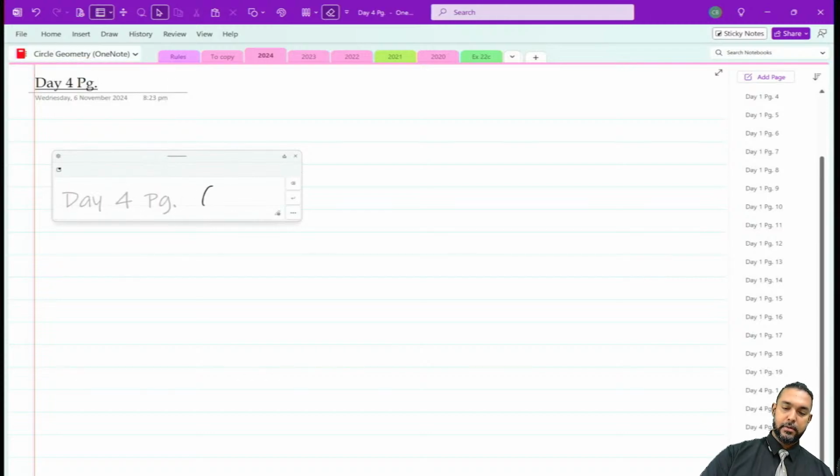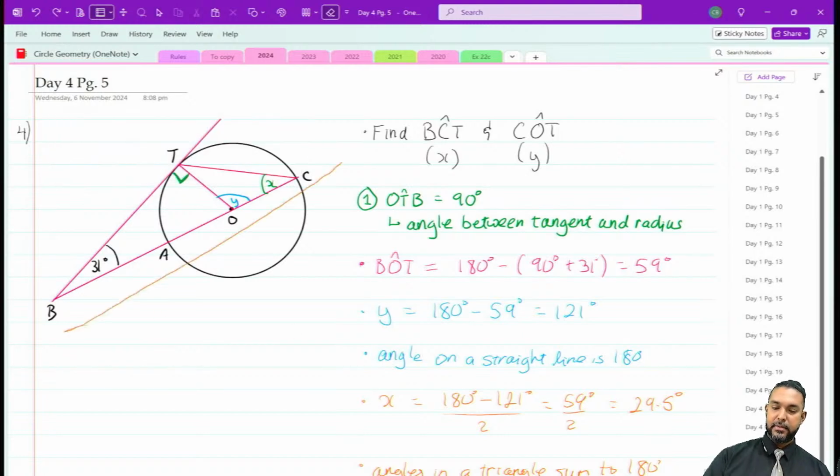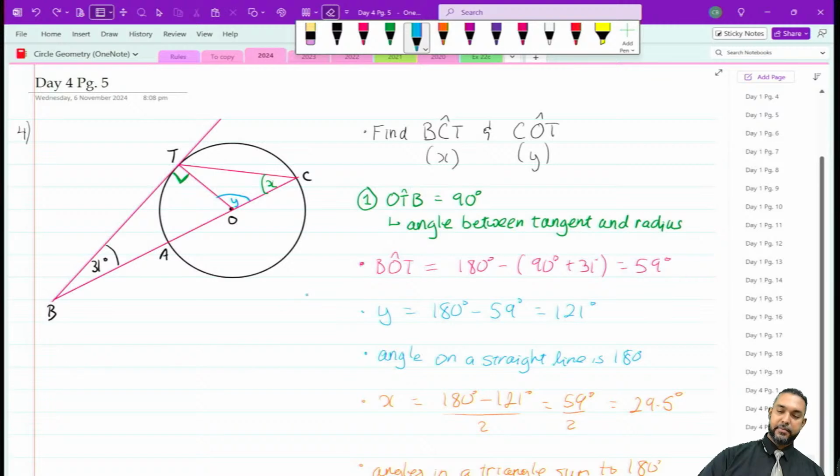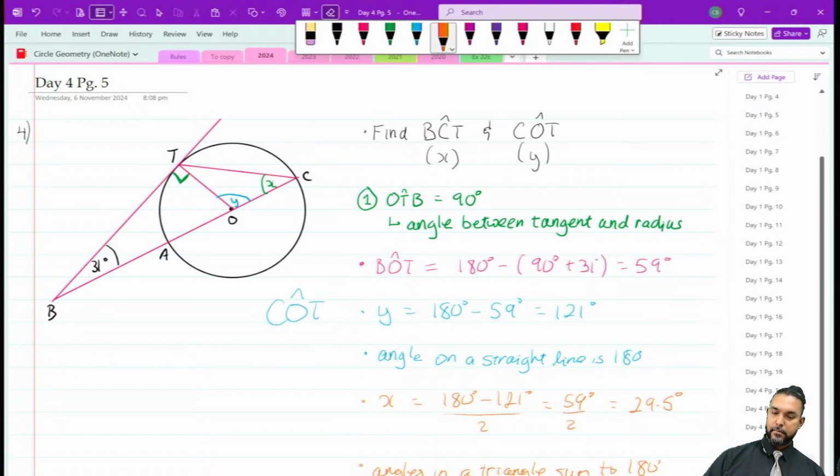BCT, that was the 29.5. Yeah, good. COT, that's the Y, that's the first one. Yeah, 5 minutes. And then BCT is down here.